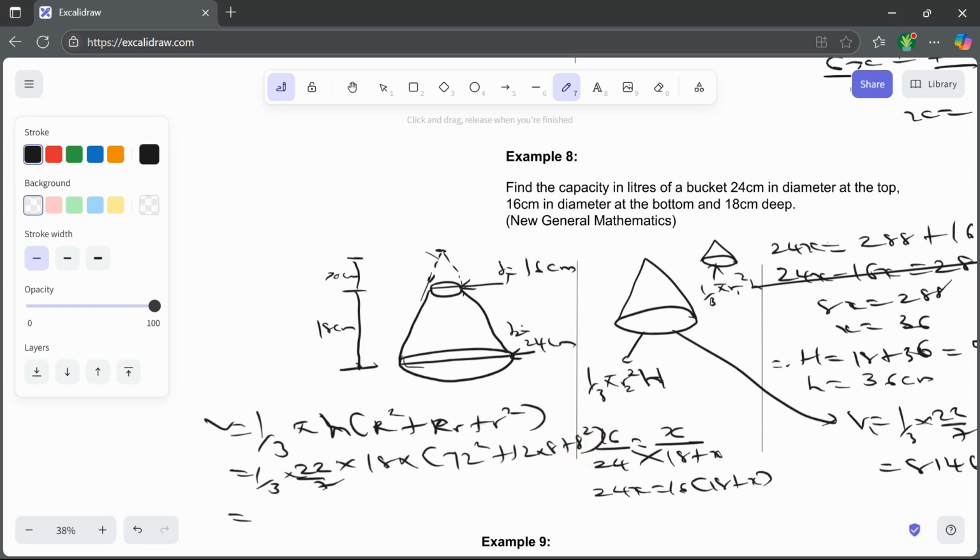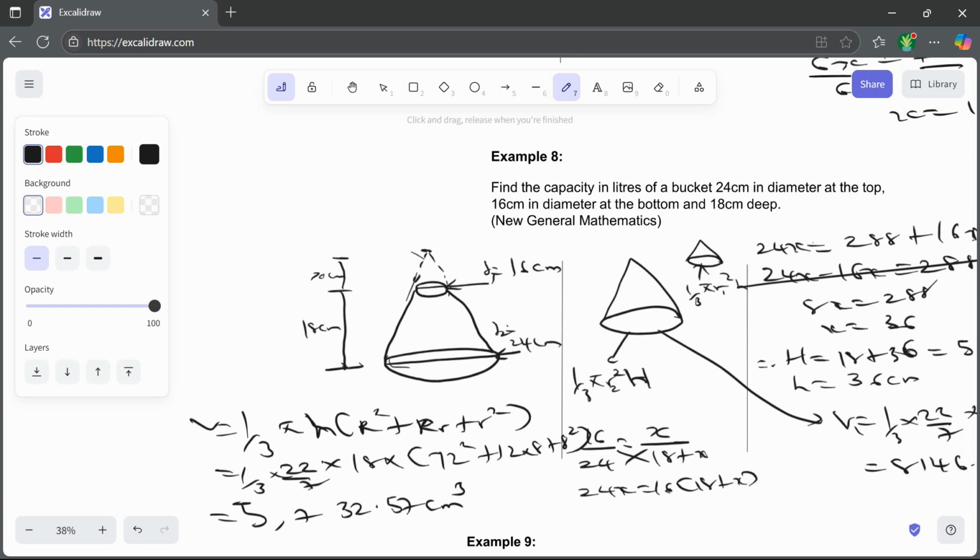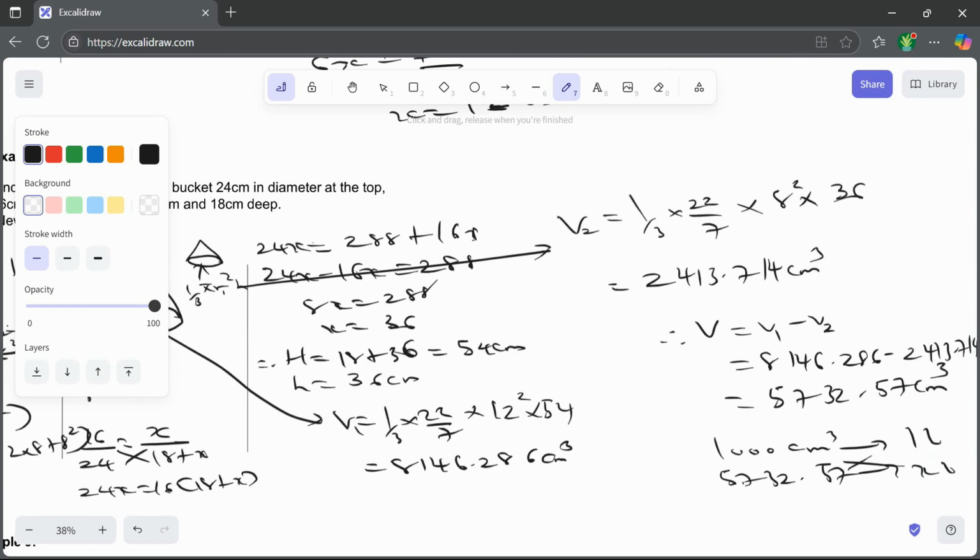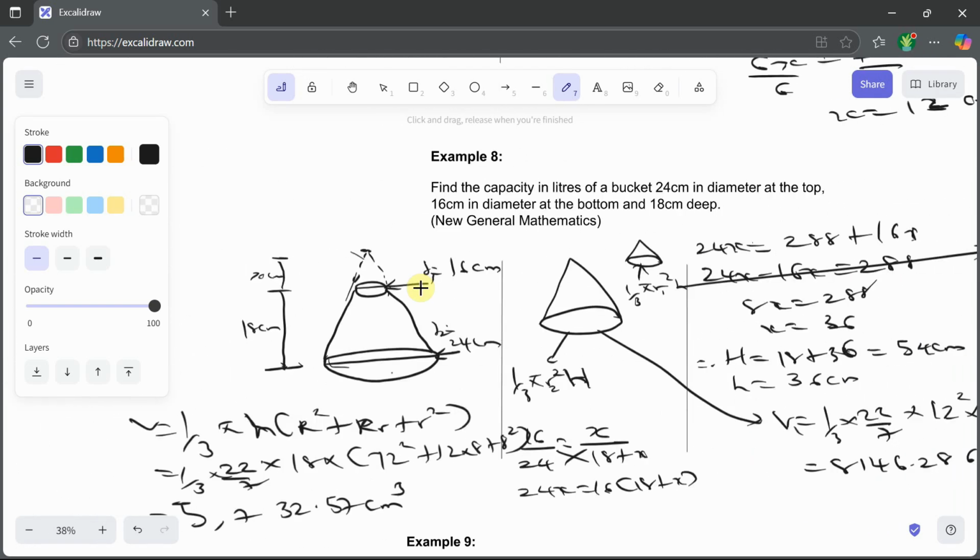So if I plug all that in my calculator, you have 5,732.57 centimeter cube. And if you divide it by 1000, you have the same value as what we have here. So whichever of the two methods you are willing to use, you get the same answer, right?